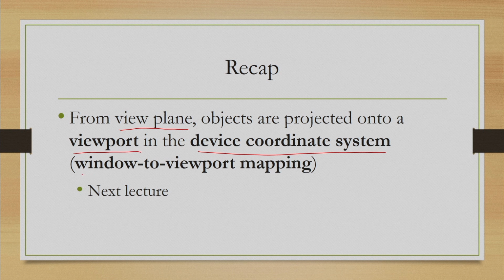This is called window to viewport mapping, where window refers to a region on the view plane, and this will be our next lecture's subject matter. Today we are going to discuss the second stage, that is projection.